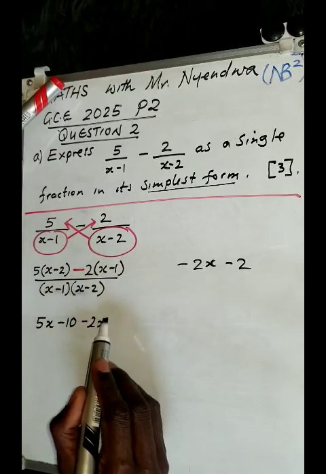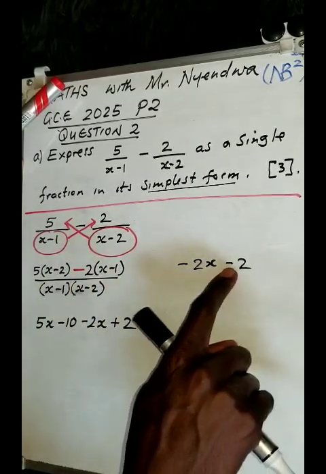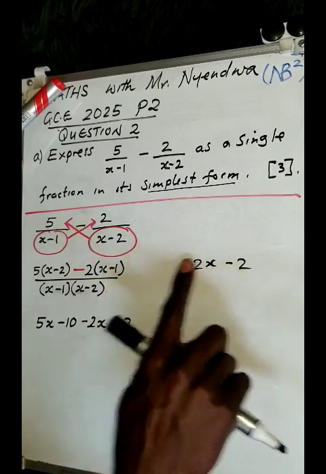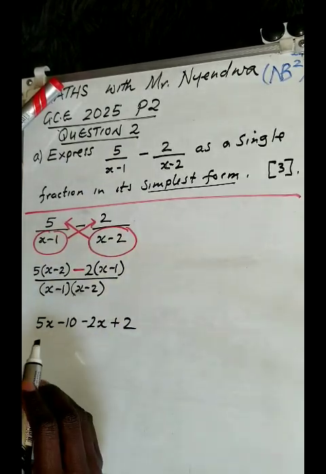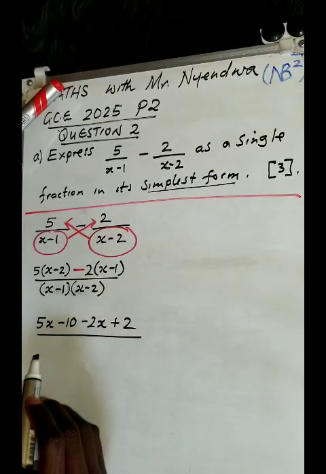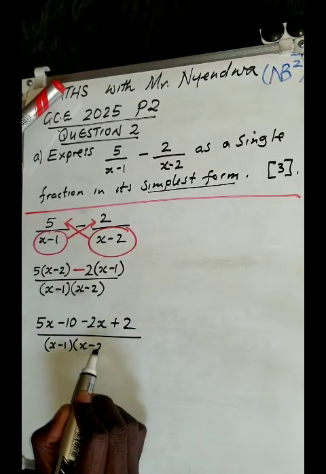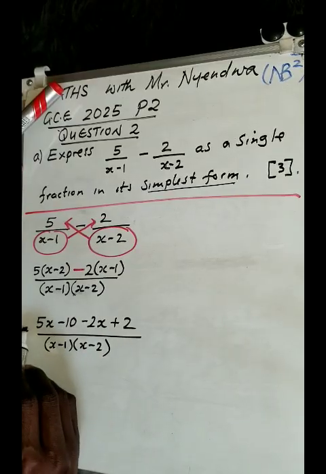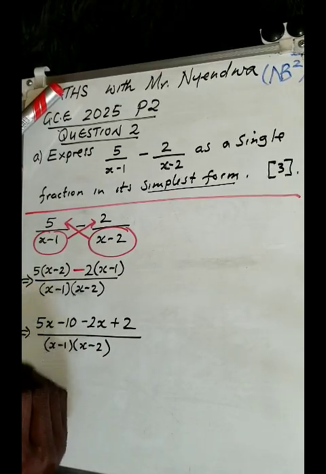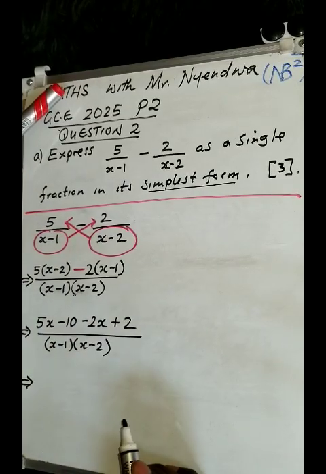Negative 2 times negative 1 will change to a positive 2. The moment you make a mistake there, it simply means that your mathematical problem is wrong. So over, you just keep retaining your denominator, that is x minus 1 and x minus 2. These are not equal signs. I'm just indicating that the mathematical problem continues.